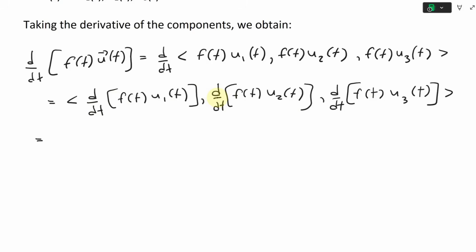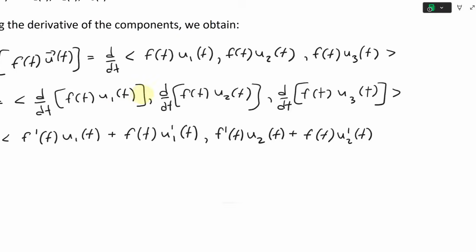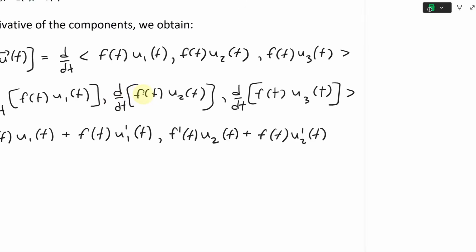This first part will be, again, just the basic product rule for real valued functions: f prime of t times u1 of t, plus regular f of t times u1 prime of t. The next one is f prime of t times u2 of t, and then we add f of t times u2 prime of t.